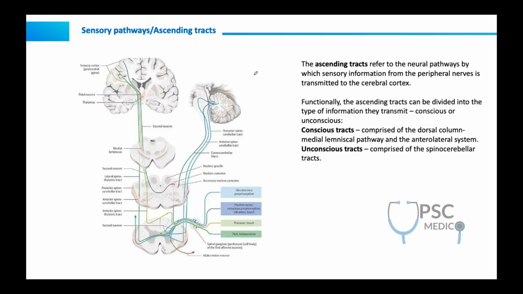So what is a sensory pathway? It's a neural pathway which carries sensory information from the peripheral nerves. And where is it relayed? The sensations are relayed in an area called the post-central gyrus. We all know the pre-central gyrus is the motor area, but the post-central gyrus is a sensory area.